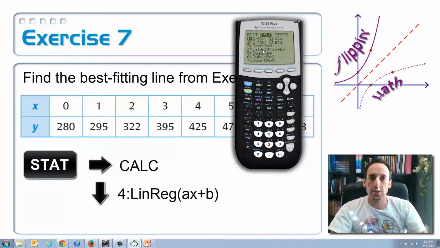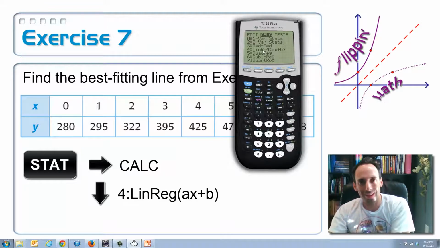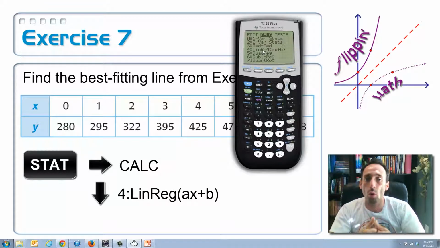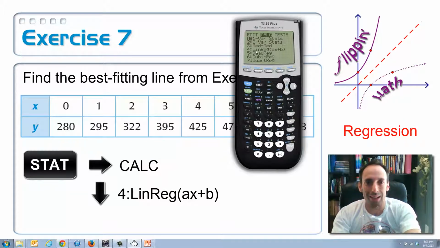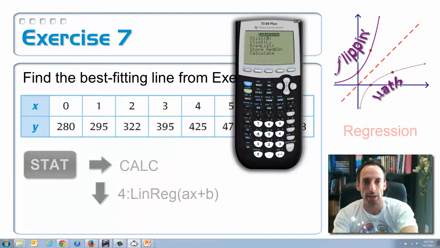In statistics, if you have a set of data and you're trying to model it with a line, or maybe a parabola, or if it's exponential, it's called a regression. So this is called a LIN, linear regression. You could see it's AX plus B. It's number 4 there. So that's the one I'm going to select.